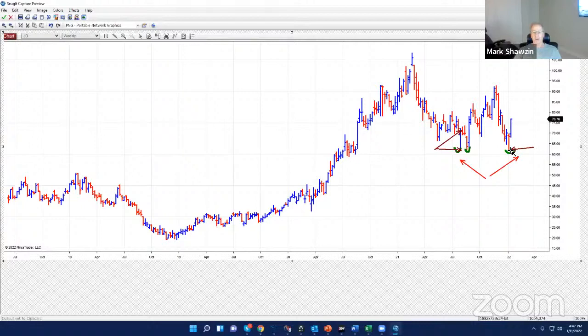When it made a new low, even though it was red, it closed right on the high of the week. So what that told me is that every time they drove this thing to all-time new lows, by the end of the week, the buyers were in control. So when I see a combination of both the pattern and the price action, so when something closes on the high, it actually points in the direction it wants to go.